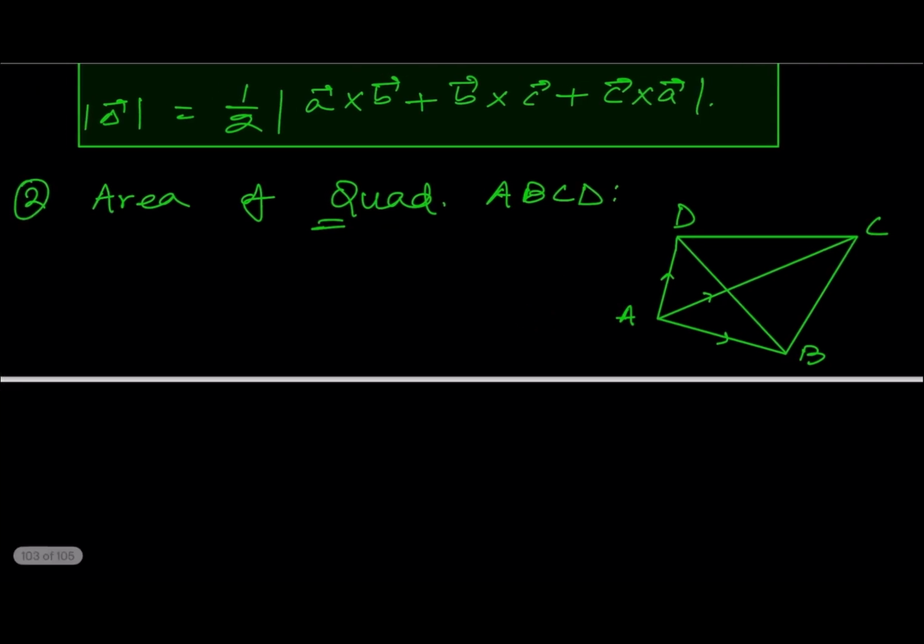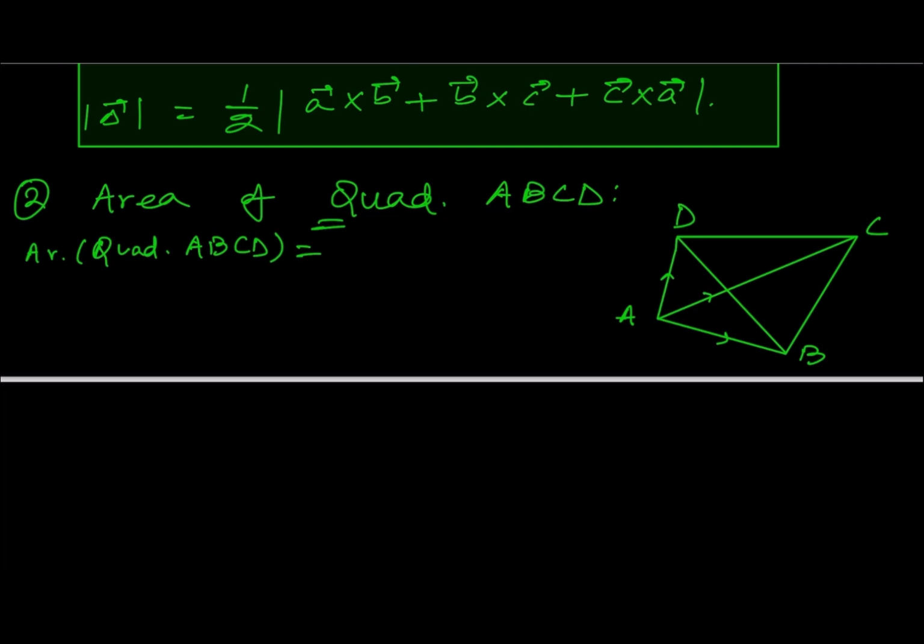Now, area of quadrilateral ABCD can be written as the sum of triangle ABC and ACD.